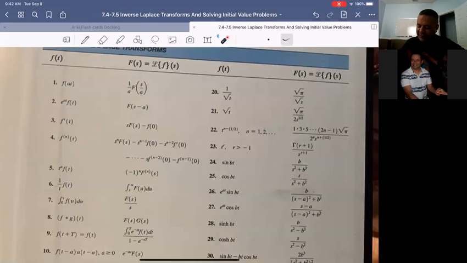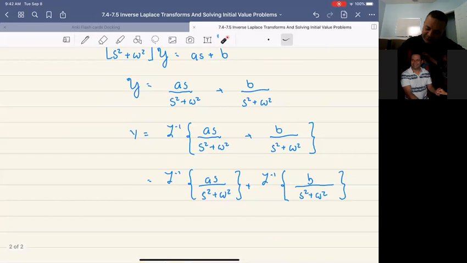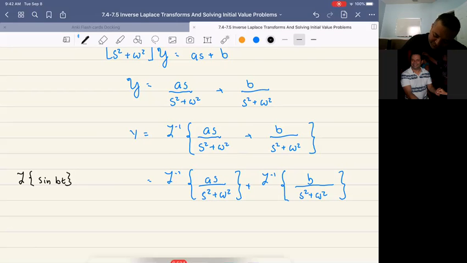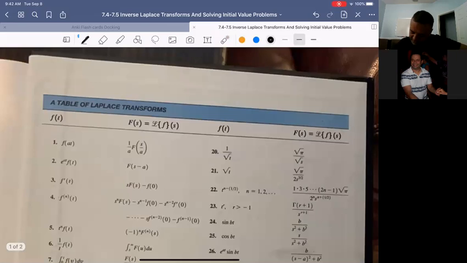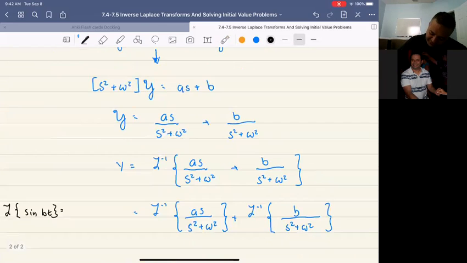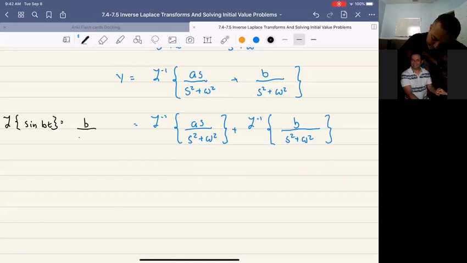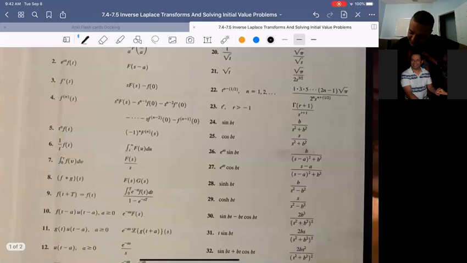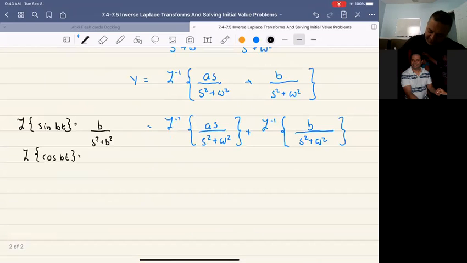Cosine of bt has Laplace transform s over s squared plus b squared. Let me write those down. The Laplace transform of sine of bt equals b over s squared plus b squared. And the Laplace transform of cosine bt, I always have to rewrite them, is s over s squared plus b squared.